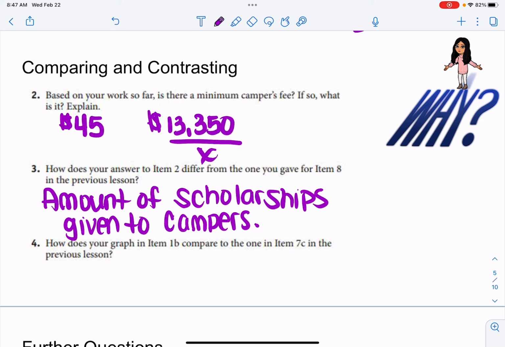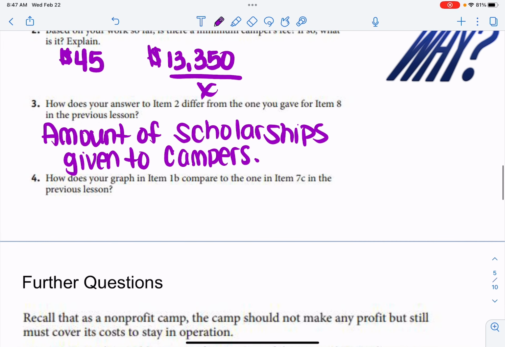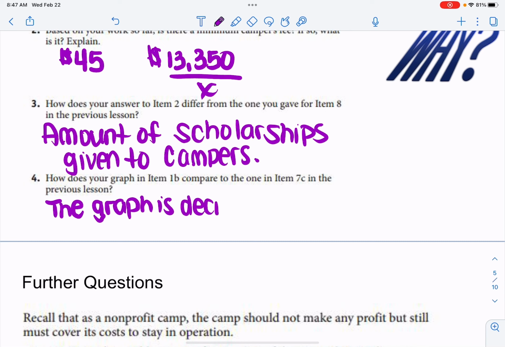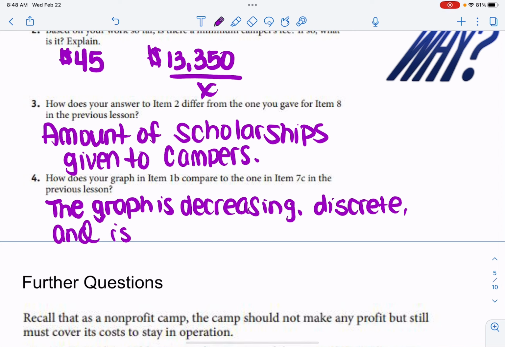It says, how does the graph in item 1b compare to the one in item 7c from the previous lesson? Remember, the one in 7c was that discrete model. So again, the graph is decreasing. It's also discrete, and it is approaching 45.